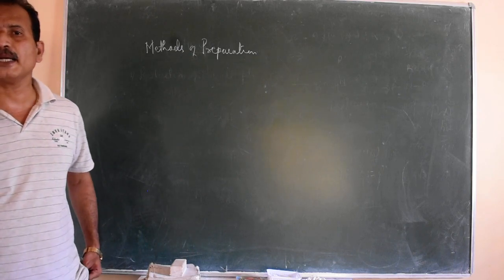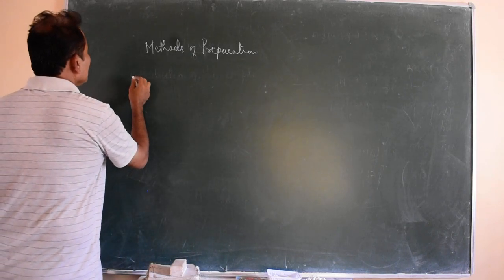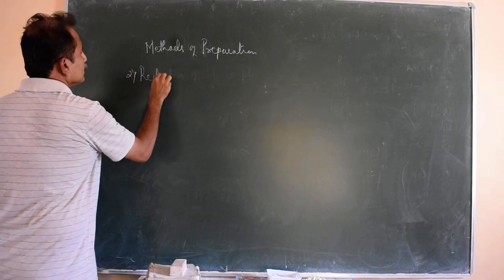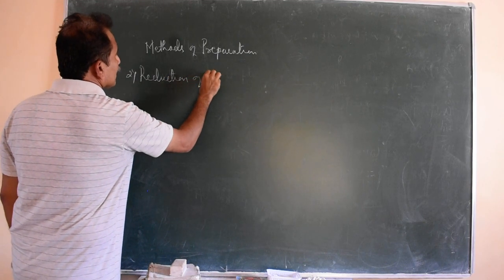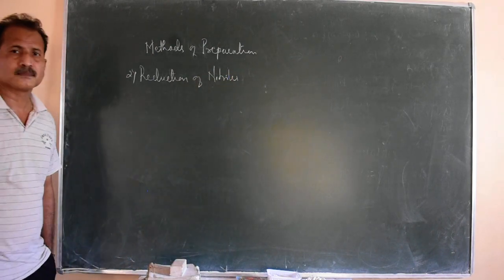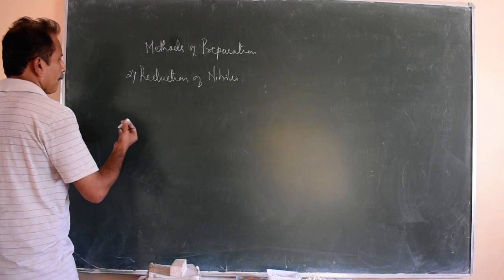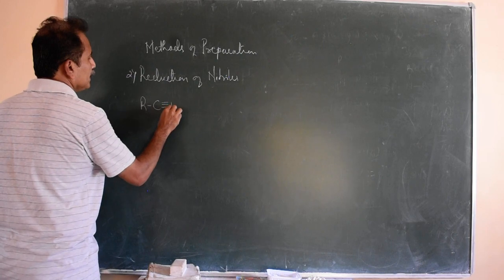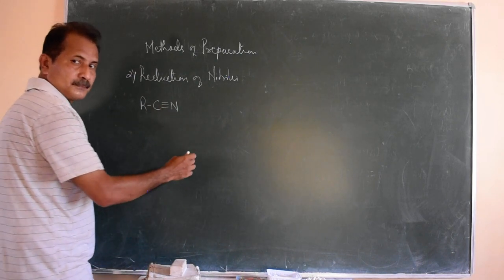Similarly, the second method of preparation is from reduction of nitriles. So you can use a nitrile R-C triple bond N and do the reduction.